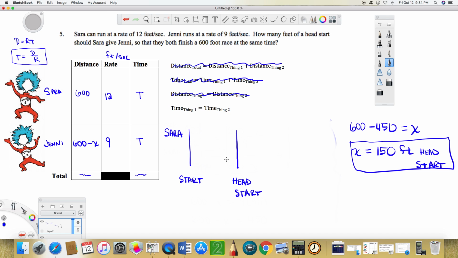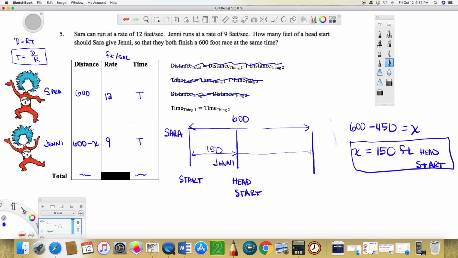So here we have Jenny, and here is 600 feet away from Jenny. And here is 150.